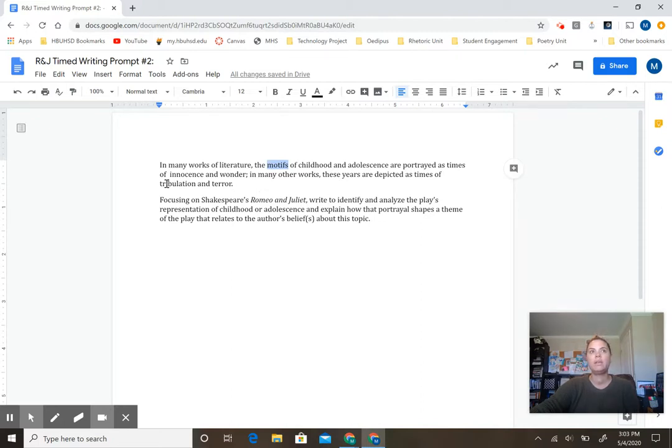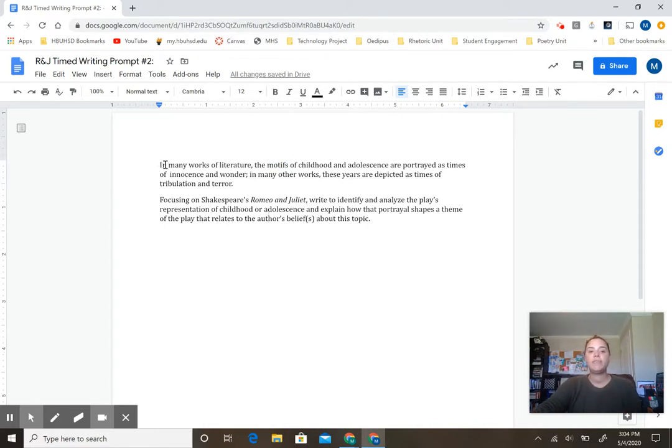Usually when a prompt like this presents you with 2 kind of extreme examples, the best way to tackle the argument is by trying to argue maybe that it's represented as both, because I think that's actually a great answer here in terms of Romeo and Juliet.